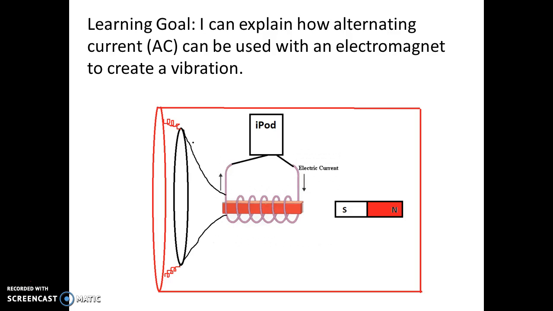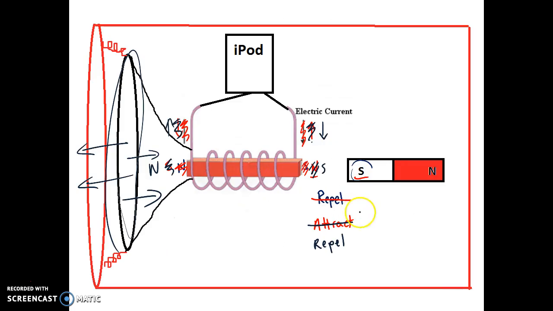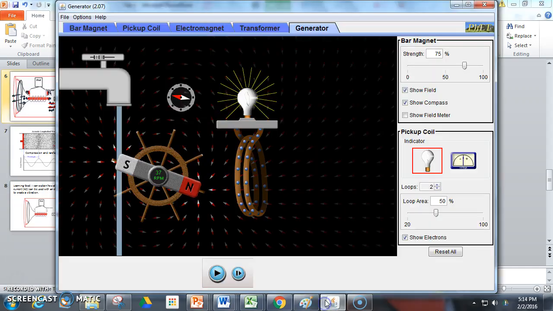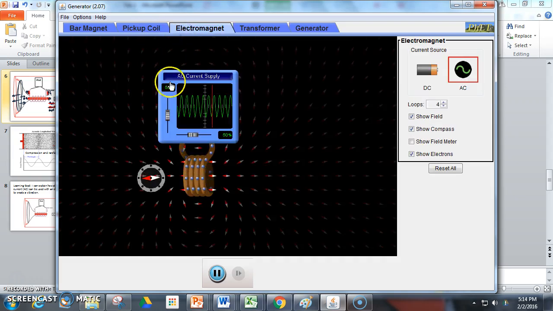So the last question is, how do they get this current to change from down to up so many times? If you remember from our last video, we learned a little bit about alternating current.